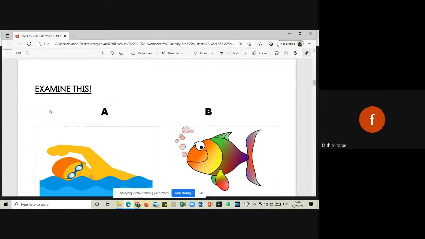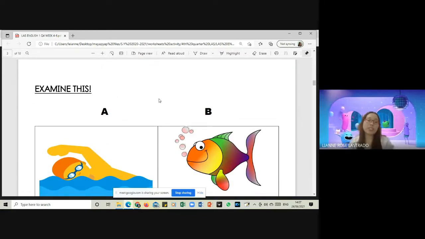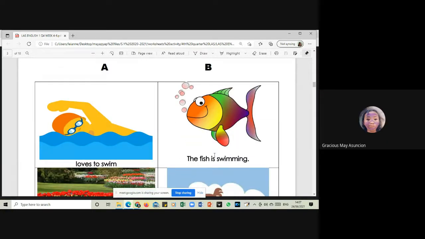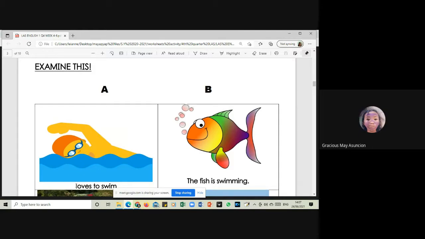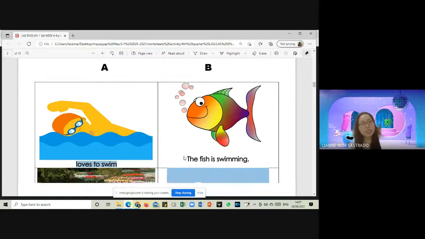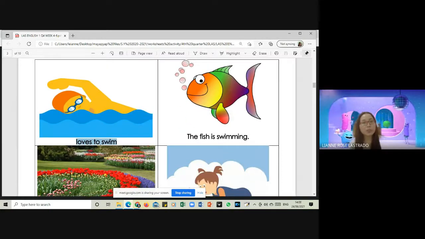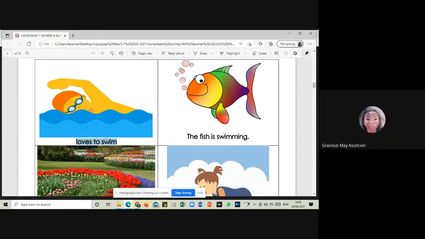So we will examine the group of words here in Group A and Group B. For Group A, I would like to call on Faith Jocelyn to please read the group of words here. Love to swim. Okay, thank you so much.